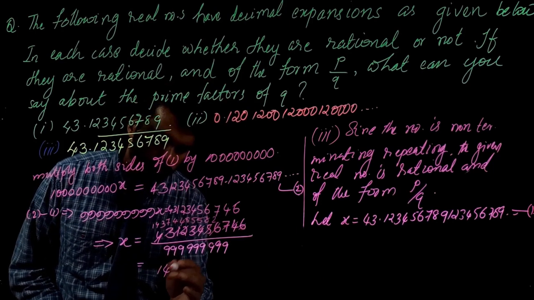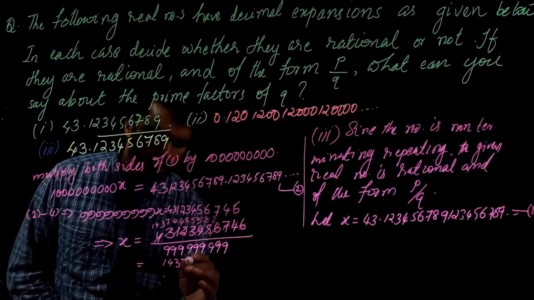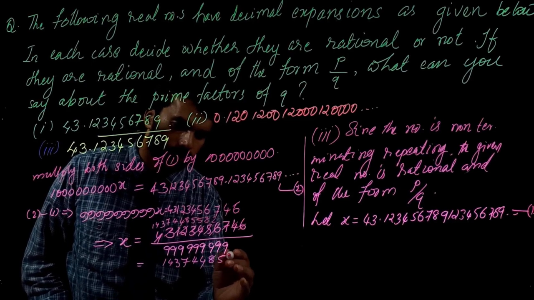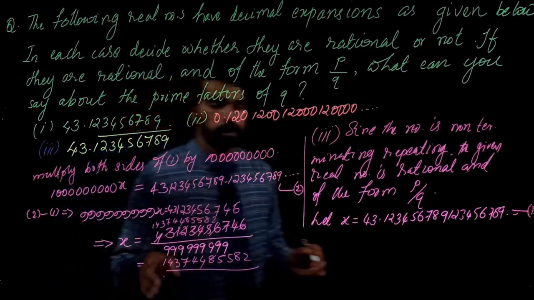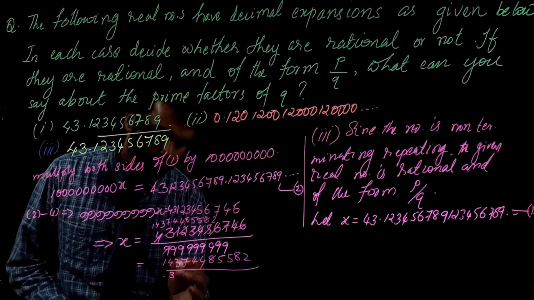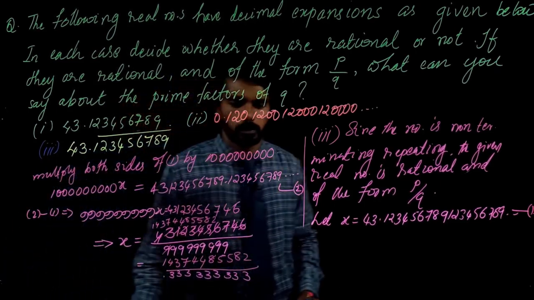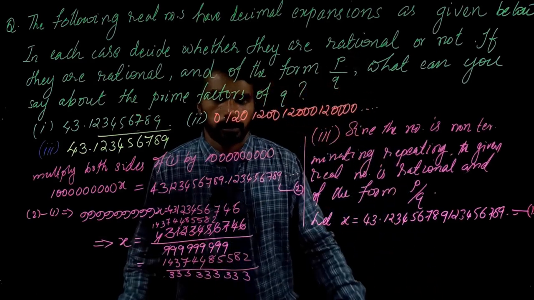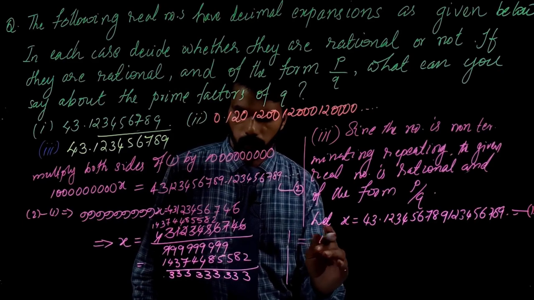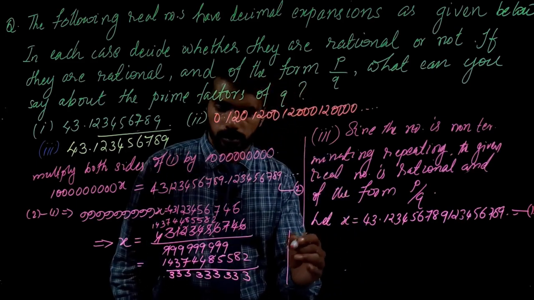So this is equal to 14374485582 divided by the denominator, which we cancel out also by 3: 333333333.